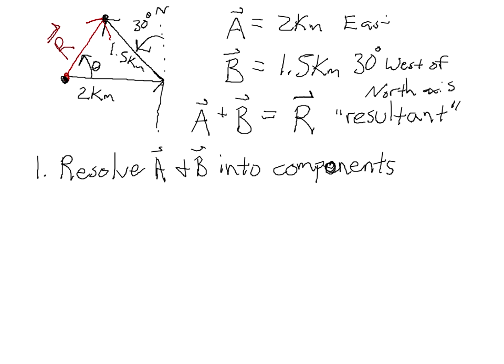So let's do that for vector A and vector B. Draw a coordinate system. Okay, and then here's x, and here's the y-axis. Vector A is 2 kilometers that way along the x-axis.